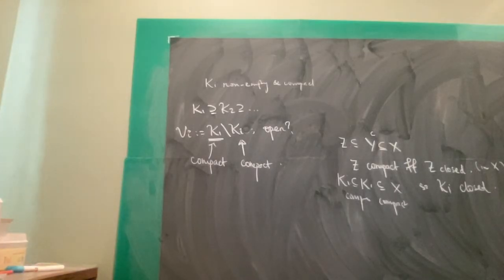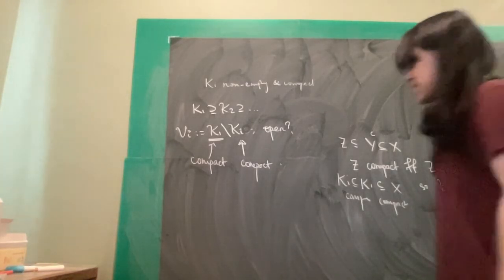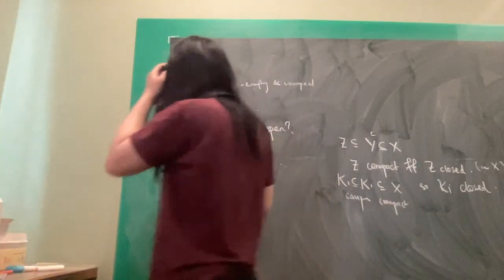Closed. So that is open. So Vi is a bunch of opens. Okay.